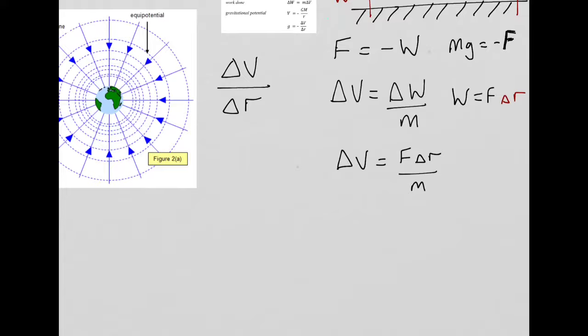I'm going to rearrange for F because I'm interested in the force I would need here. I'm going to move the M to this side and the delta R down to the bottom.